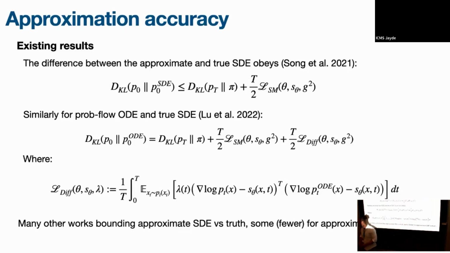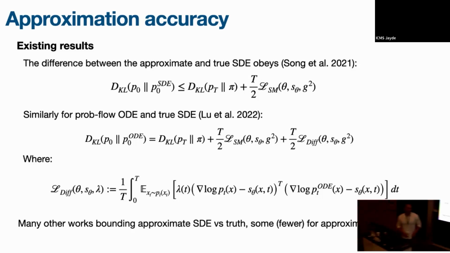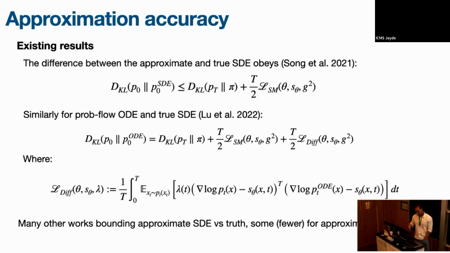Is this increasing the divergence or decreasing the divergence? But that's what it is. And there are a lot of other works I haven't referenced that have looked at the differences between the scores generated by the reverse SDE. Sometimes they look at the discretizations. Some people looked at the ODE versus the truth. Some people looked at the ODE with some additional Langevin steps. There are many variants of this type of analysis.